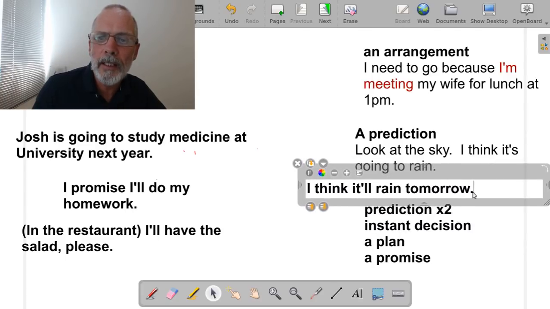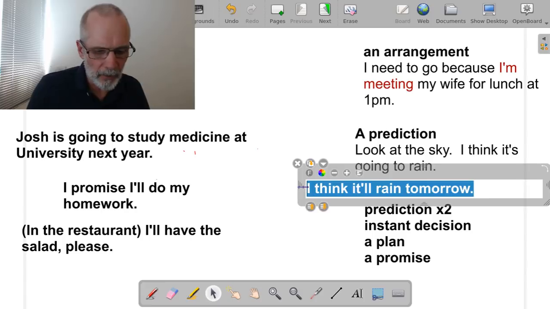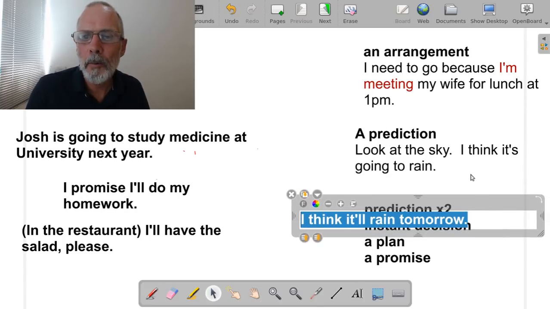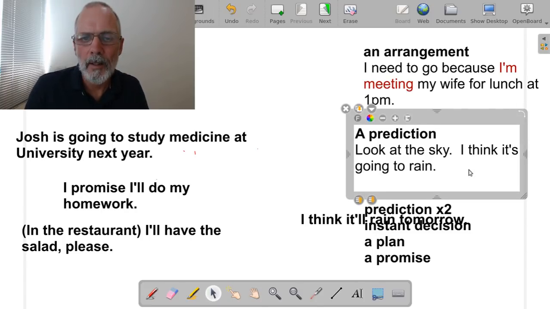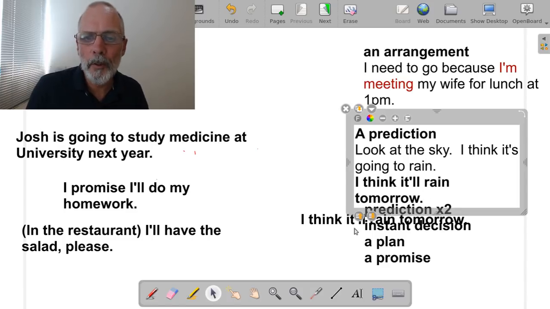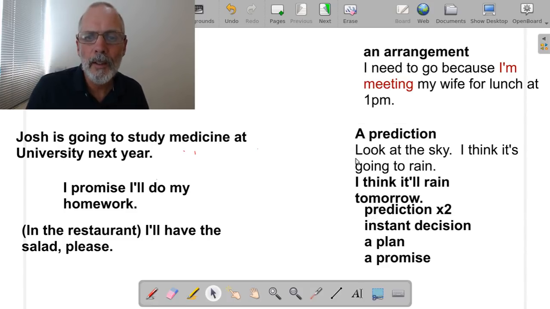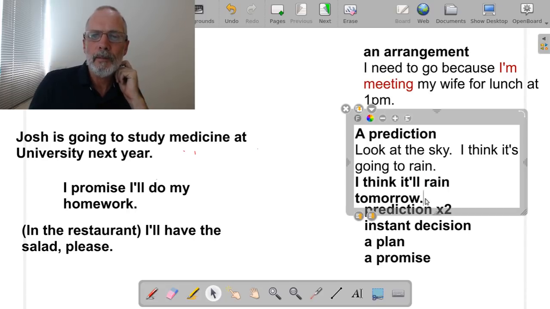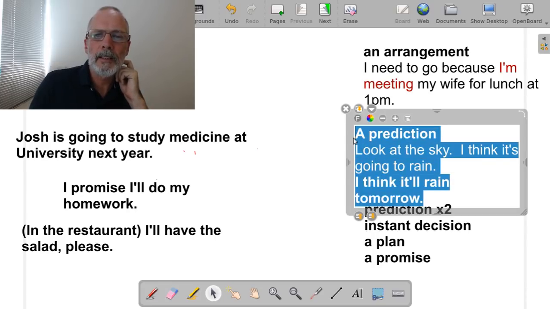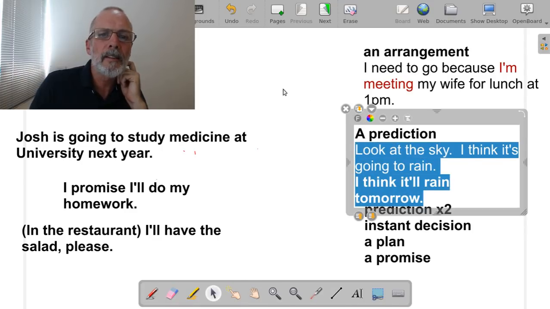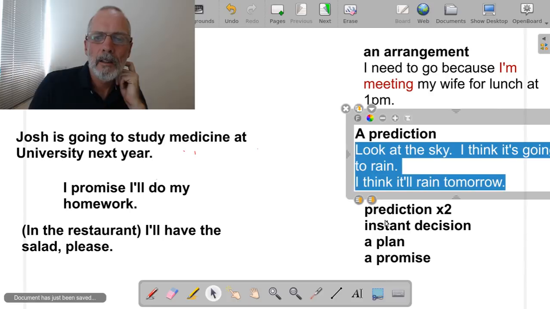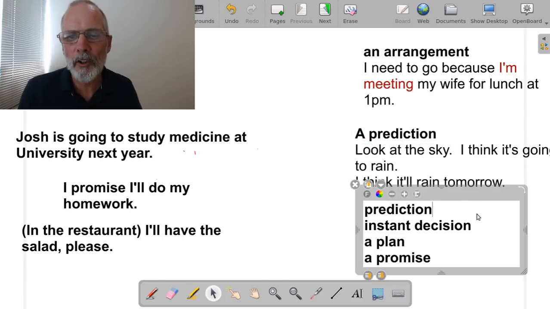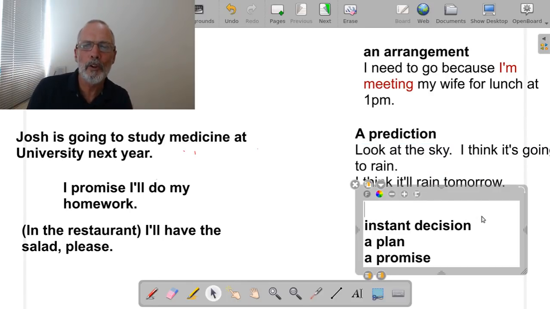I think I'll put these two together to save space. So we got two predictions with different structures. Let's make this easier to understand by making it like this. And we can remove the predictions from there because we've used those two.